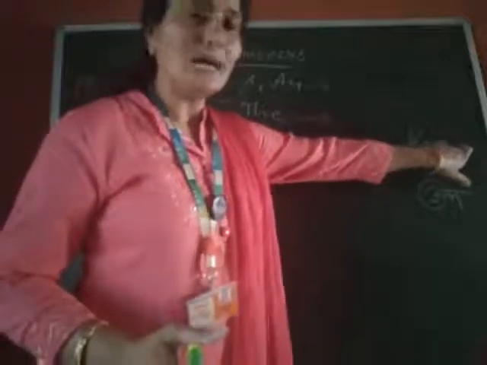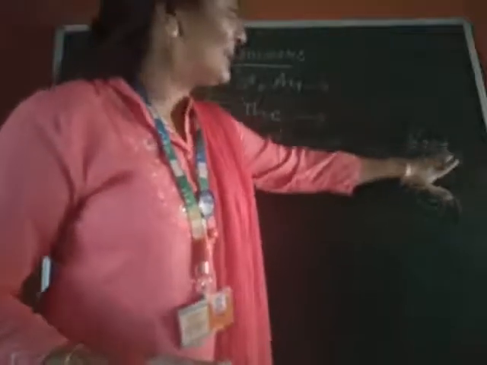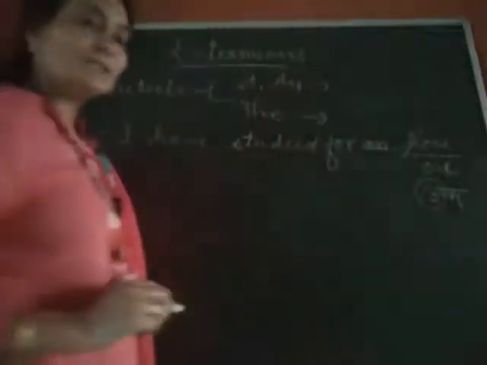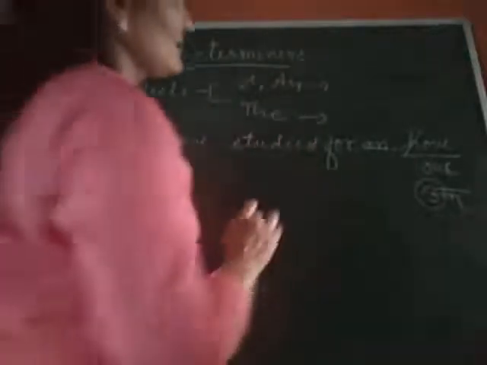Its pronunciation is hour. Some students call it hour. It is not hour. H is silent in this word, and here its pronunciation is hour. It is a vowel sound. I told you that there are so many words which start with a consonant letter but give the sound of a vowel.